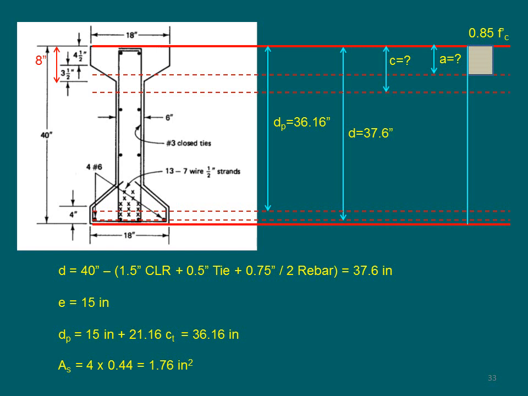You subtract 1.5 inch clear, and then you have the tie. I understand it says number 3, but I'm going to give it half an inch. And then the rebar itself is 3/4 of an inch, so you divide this by 2 to get the radius of the rebar. You're going to have about 37.6 inches.